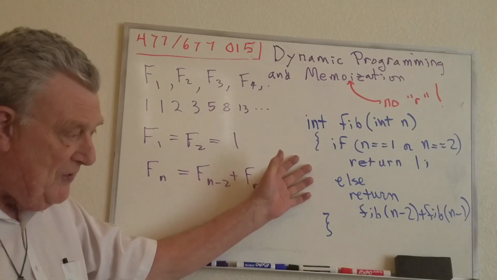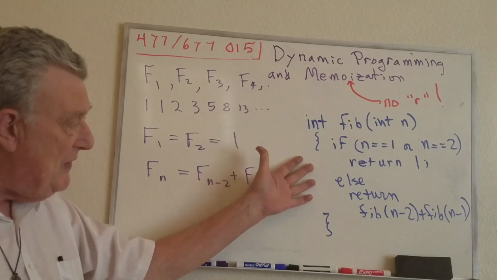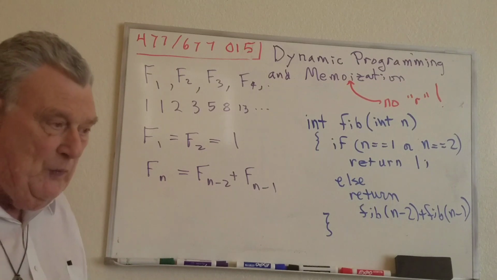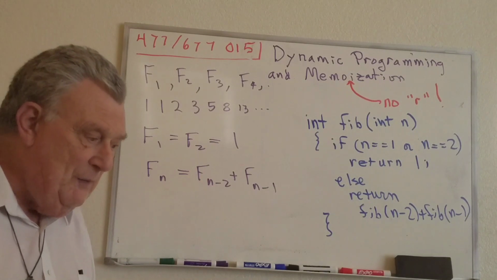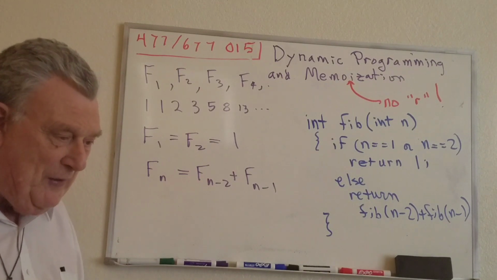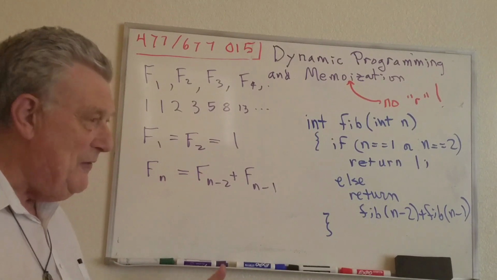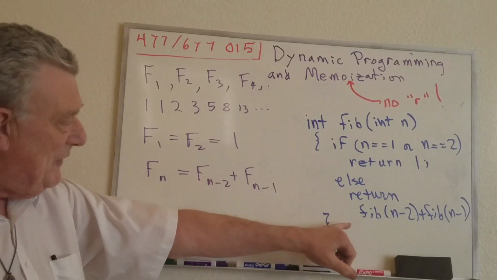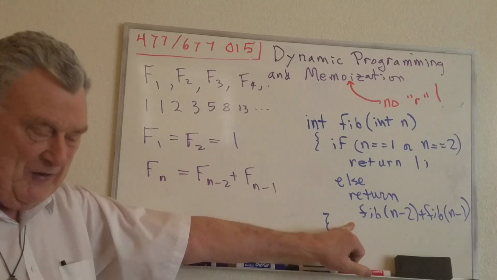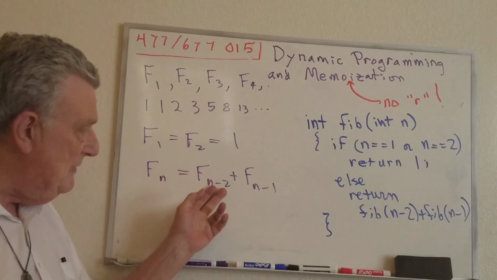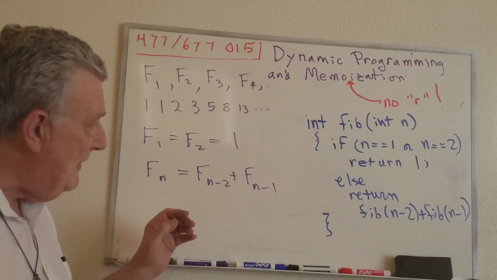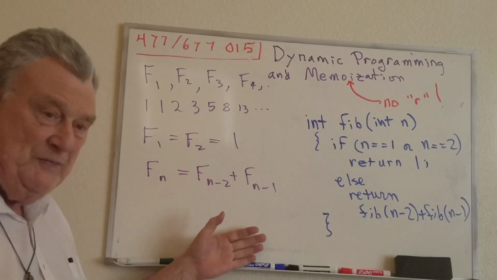As n grows larger, if you ran this with fib 100, you would be waiting, well, I won't say till the cows came home, because the cows would all be extinct by that time, and we would have gone on to a different species, because it would take an enormous amount of time. So we're going to do instead something called memoization.